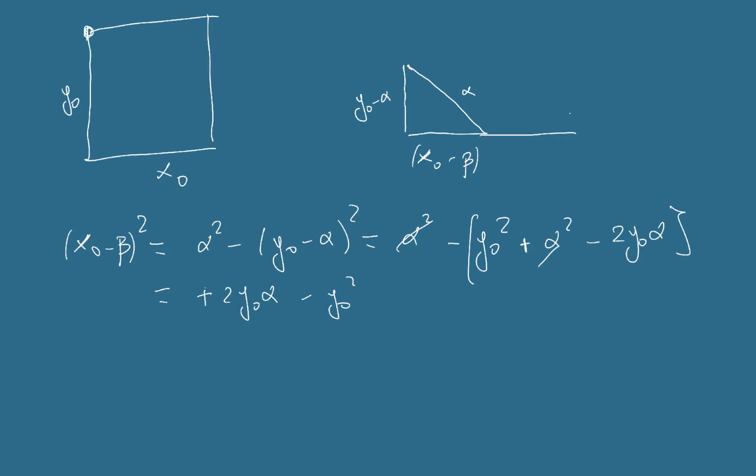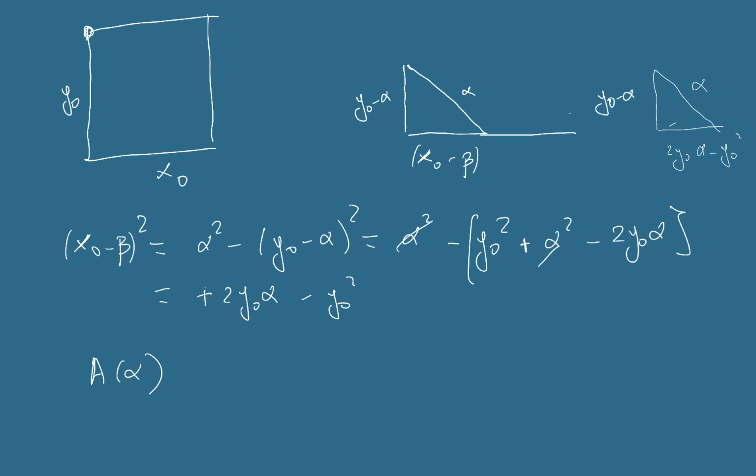So I have a right triangle, where this side is y0 minus alpha, this side is alpha, and this side, x0 minus something squared, should be 2 y0 alpha minus y0 squared. And I want to find A of alpha. What will be the area of the triangle?